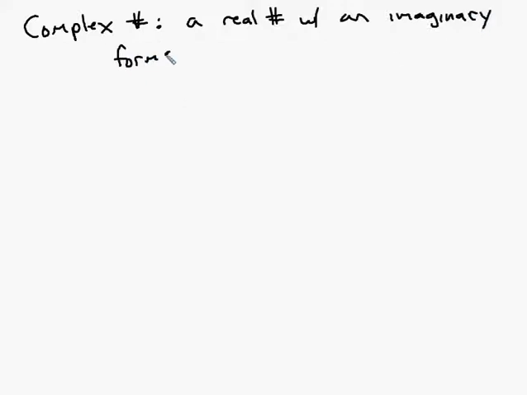Let's now talk about a complex number. A complex number is a real number with an imaginary. And they have this form: a, not the same as a from vertex form, plus or minus bi.